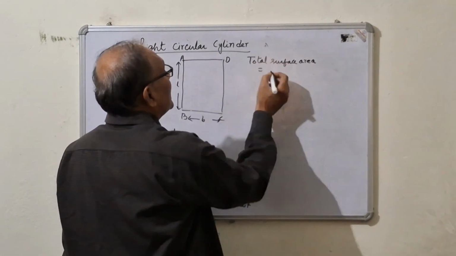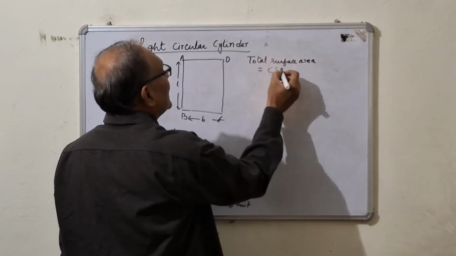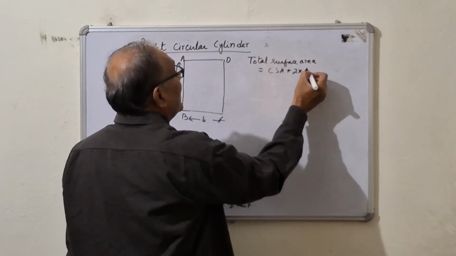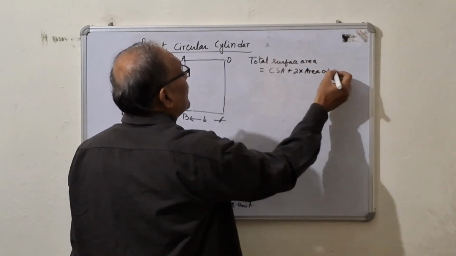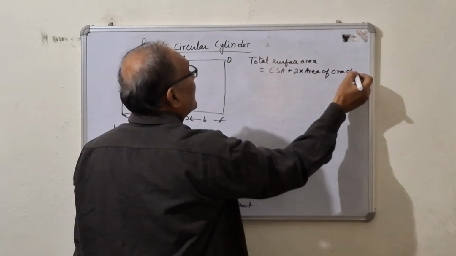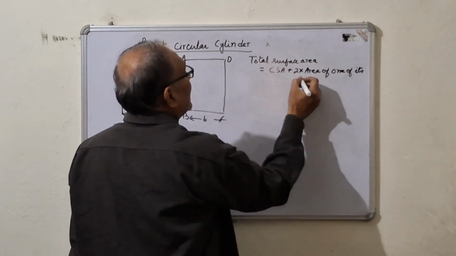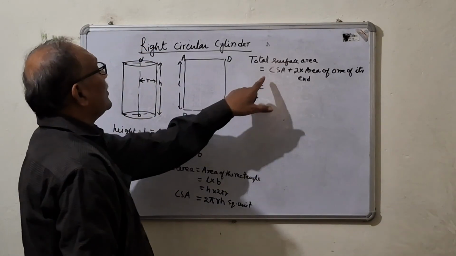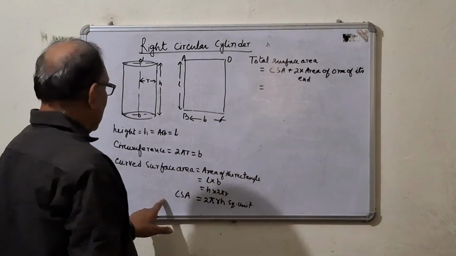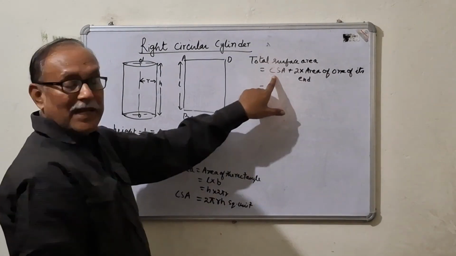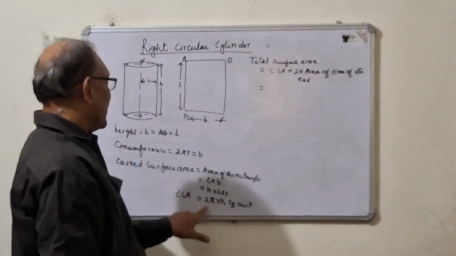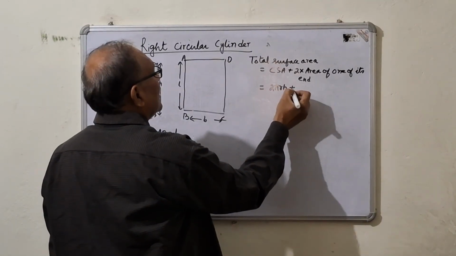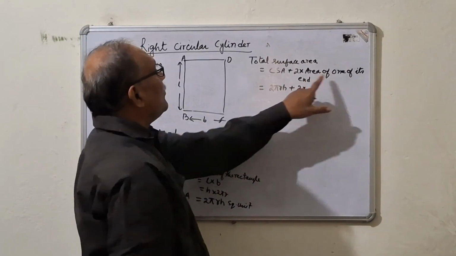So total surface area will be CSA plus 2 into area of one of its ends. Since curved surface area is 2 pi rh, in place of curved surface area we will write 2 pi rh, and 2 into area of one of its ends.